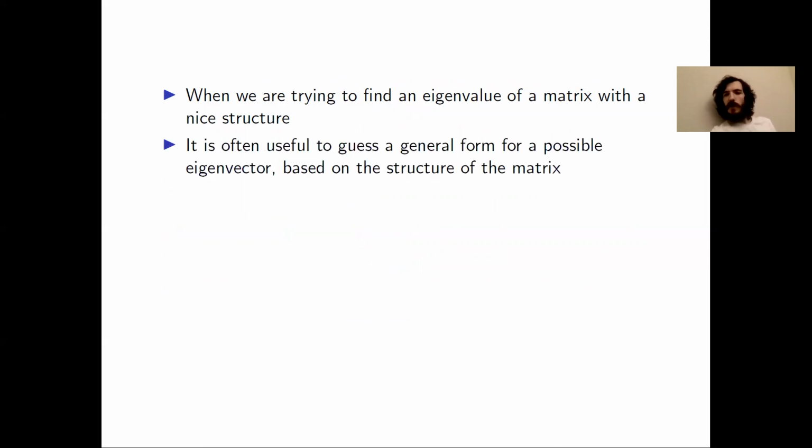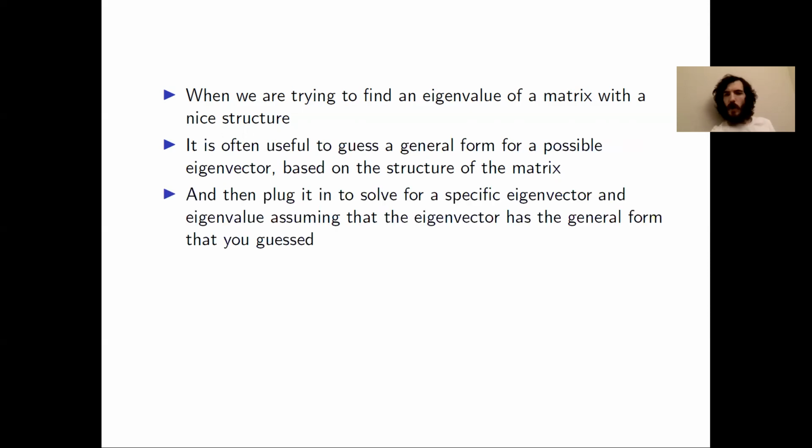In particular, we'll look at the structure of our adjacency matrix, and we're going to try to guess what the general form of the eigenvector should look like based on the matrix structure. We'll plug in this form for the eigenvector that we're guessing should be right.